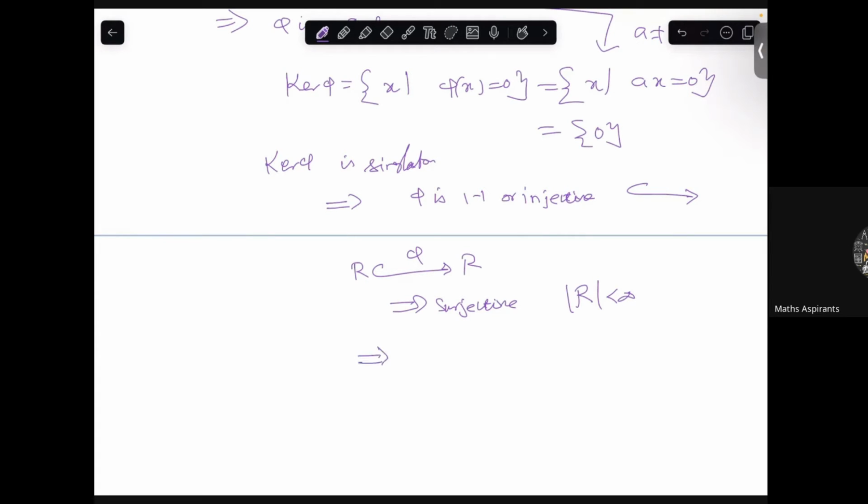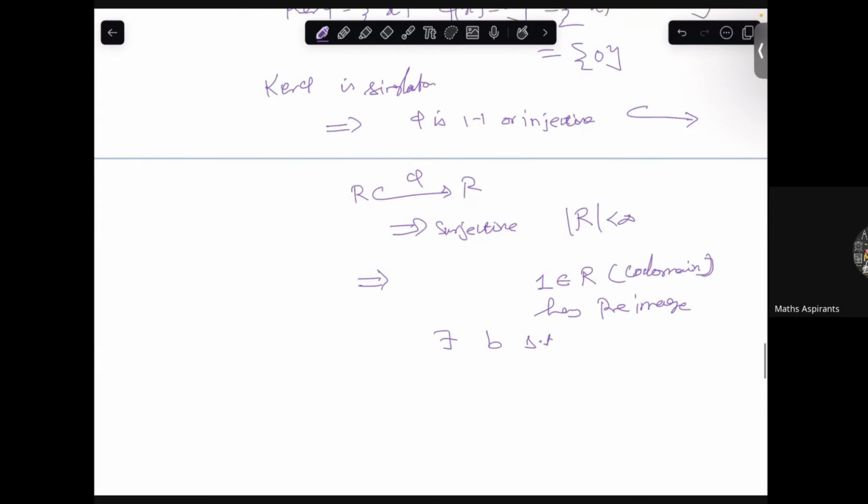And that implies 1, which belongs to the codomain R, has a pre-image. That is the meaning of surjective, right? So there exists a b such that phi of b equals 1.